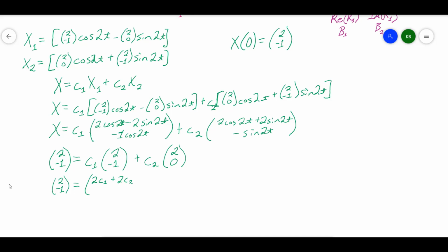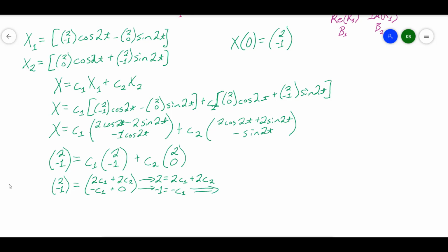Similarly, I do the same thing for the bottom entries, so I get -1 c1 plus 0 c2. And these need to equal the vector on the other side, so I get two equations out of this. I have 2 equals 2c1 plus 2c2 from the first entry. From the second entry, I get -1 on the left equals -c1 on the right, and there's no c2 term.